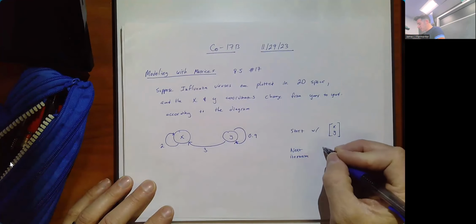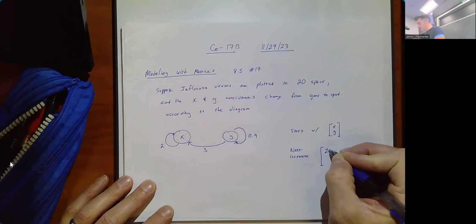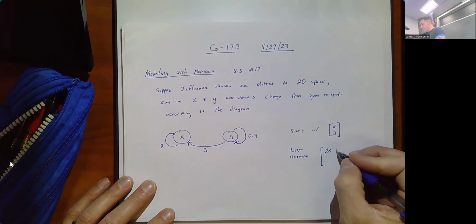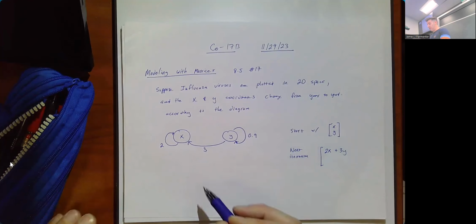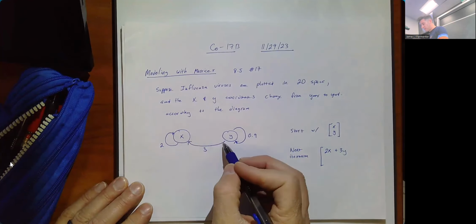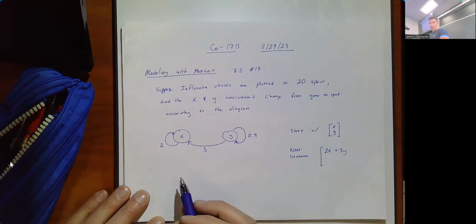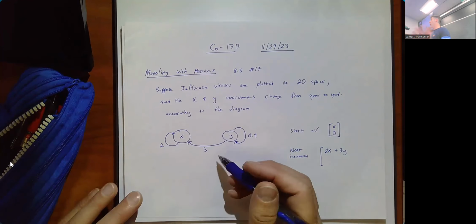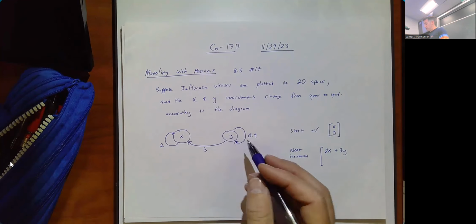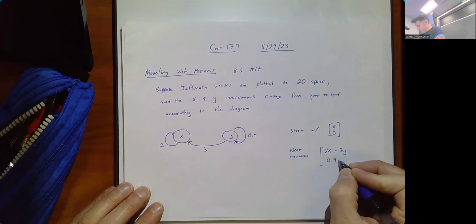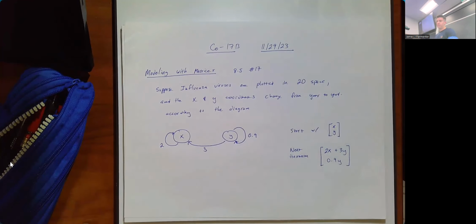In the next iteration, we're going to get 2X plus 3Y in the X spot, because the stuff going into X is 2 times X and 3 times Y. And the stuff going into Y is going to be no X, because there isn't an arrow from X to Y. But we already do have 0.9 times Y itself. So that's what I'm thinking of as my next iteration.